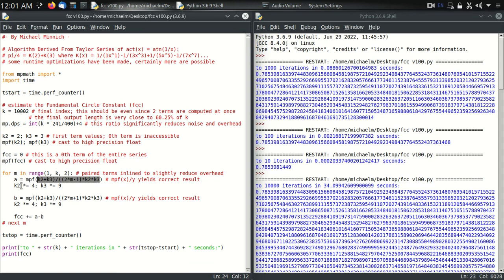I don't know that that's actually necessary, because out to something like 100 iterations or so, it really didn't seem to be, but out here it probably starts to be. I'm not sure.